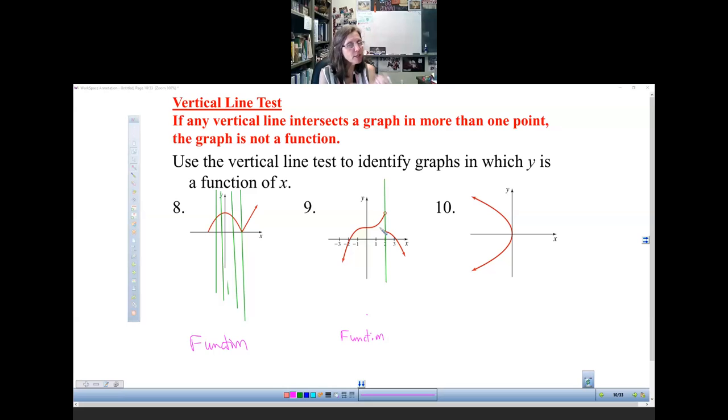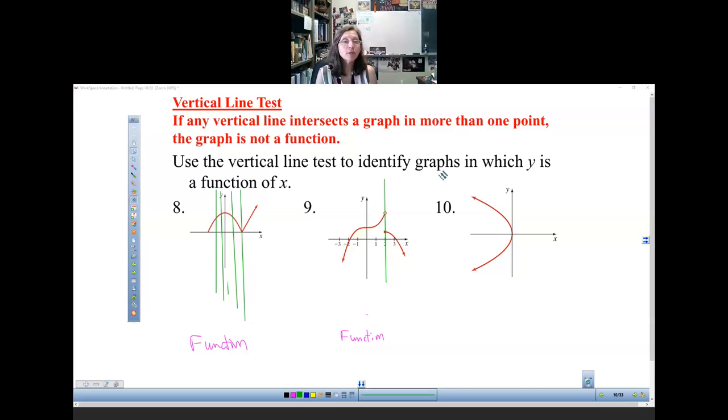That was a little bit tricky, and that's why I like to put that on there, so that you really understand that. The open circle says that there's not a point there, and the closed circle says that there is. Does that make sense for those of you who were a little confused on that one? If not, send me a message and say, no, I still don't get that.